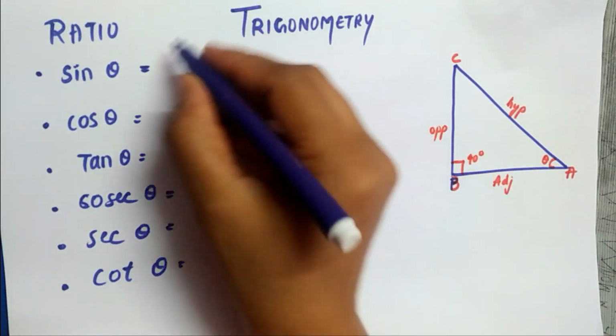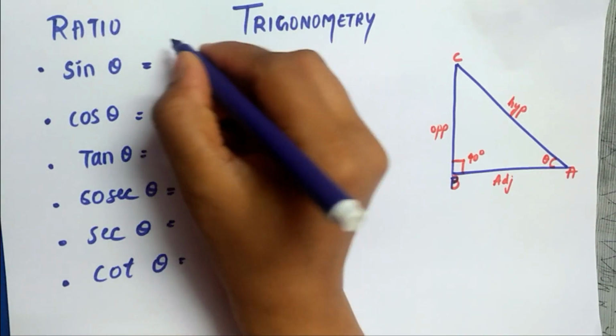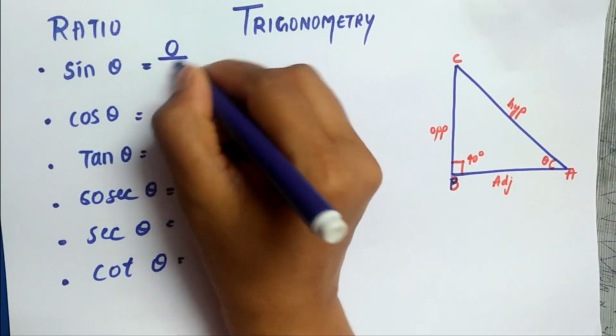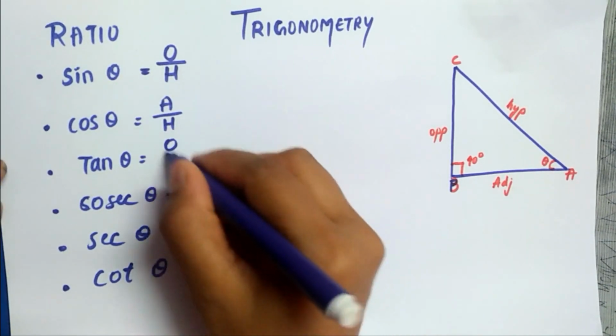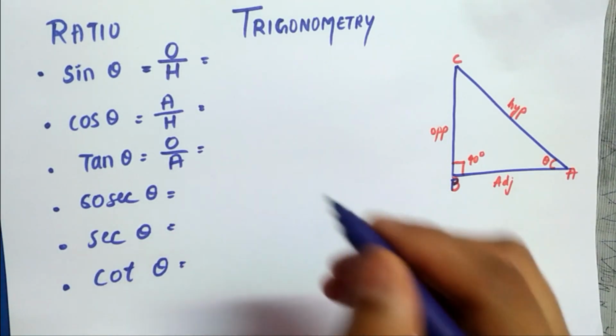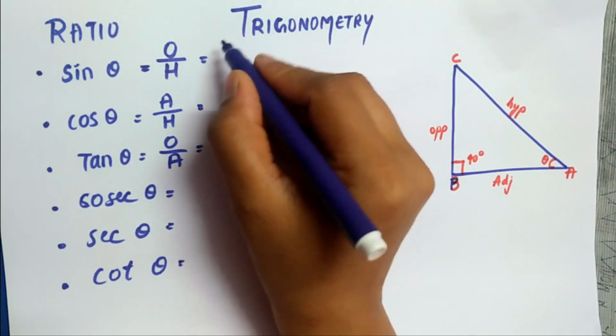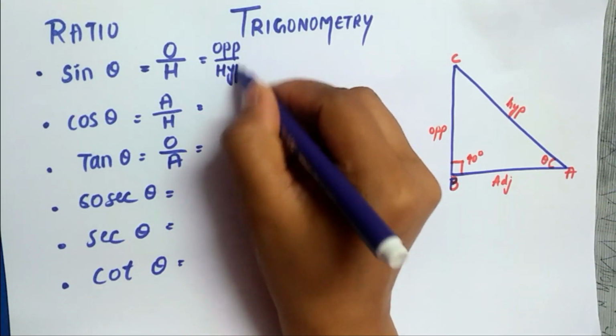Now what is sine theta? I'll tell you one thing to remember: Old Harry and his old aunt. This is the easiest thing that you can just get clicked in your mind. What is O? It is opposite. What is H? Hypotenuse.